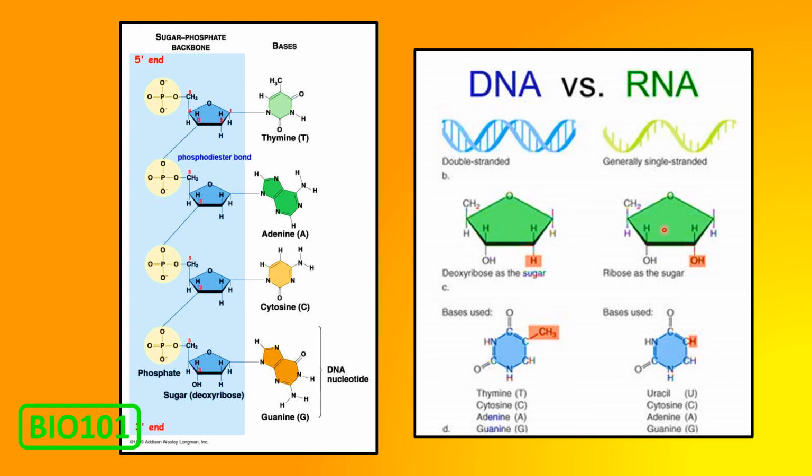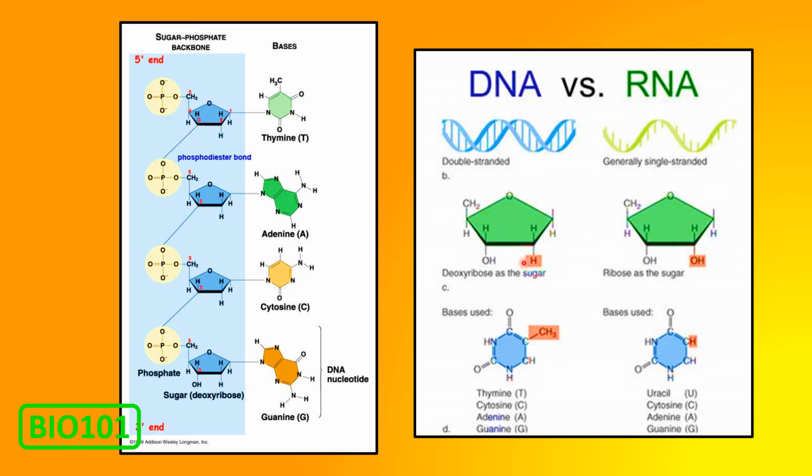RNA has ribose, a pentose sugar, and all of the little OHs are in place. There they are, our little hydroxyl groups. And DNA has deoxyribose. We're going to deoxygenate ribose, get rid of that oxygen on carbon 2, so that this becomes deoxyribose.